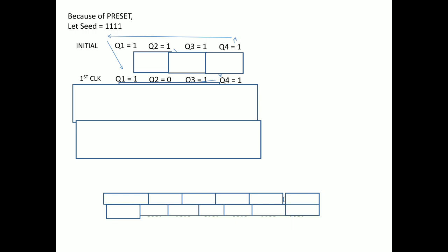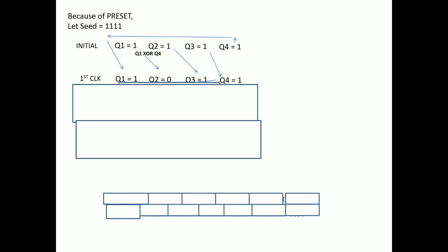The first and last flip flop outputs are XORed and given as input to the second flip flop, so 1 XOR 1 is 0. The third flip flop input is q2, so q3 is q2 value, 1. The fourth flip flop input is q3, so q4 equals 1.